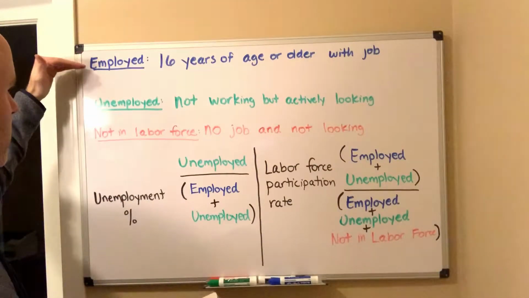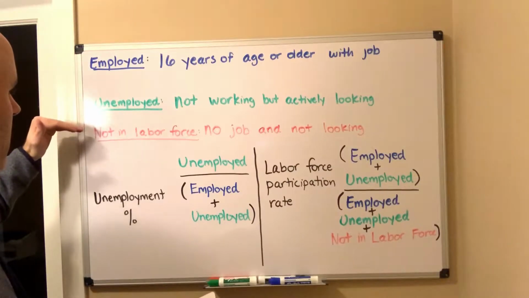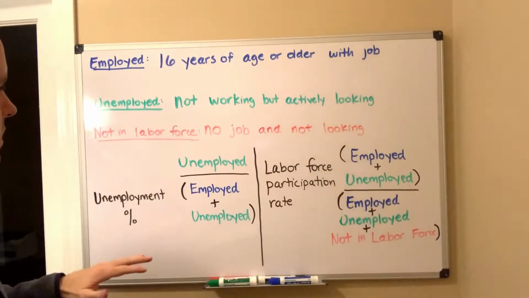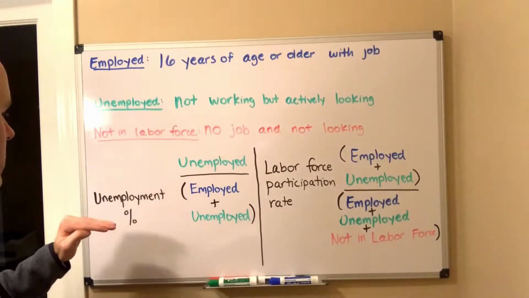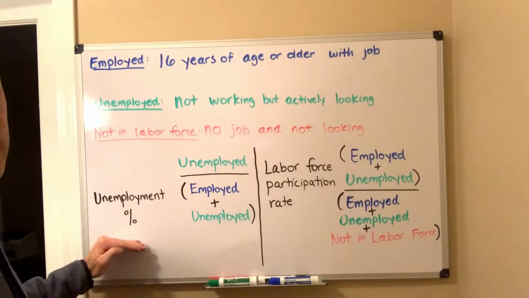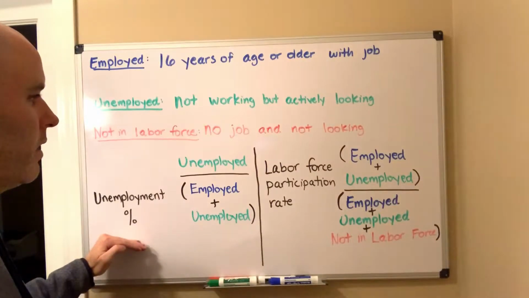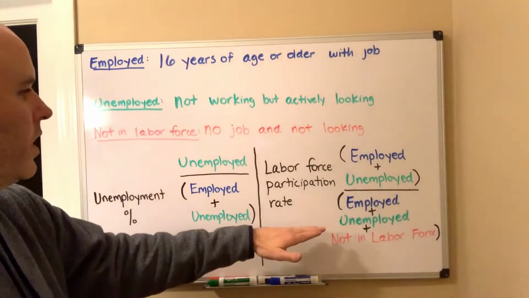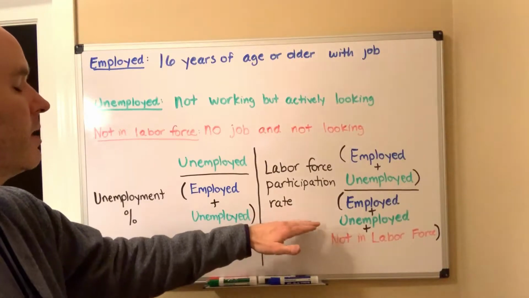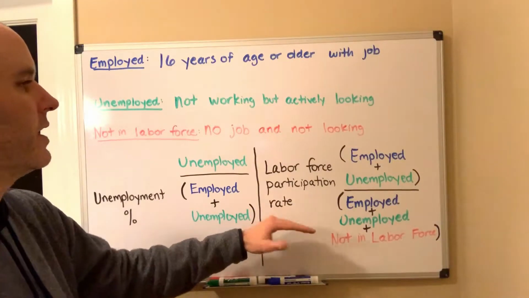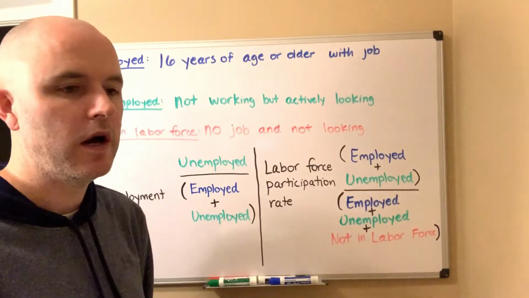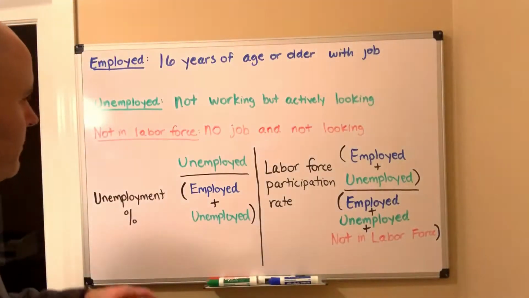We've defined what employed, unemployed, and not in the labor force mean. So next, we need to define what the term unemployment means in relation to how the Bureau of Labor Statistics defines it, and what the labor force participation rate is in relation to how it's defined by the Bureau of Labor Statistics, okay?